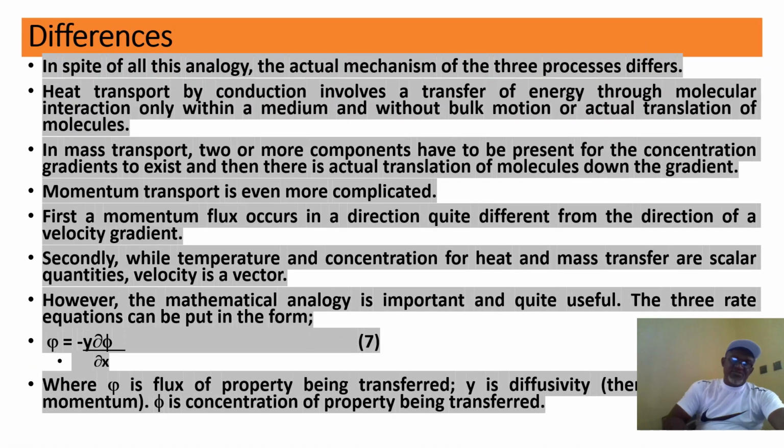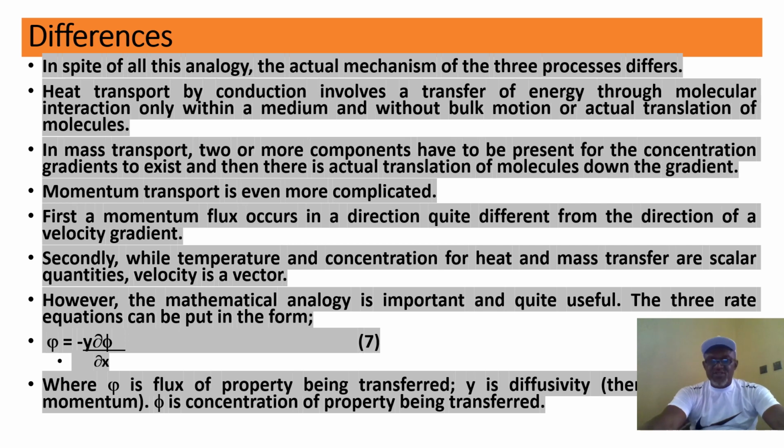Now, the differences between them: in spite of this analogy, the actual mechanisms of the 3 processes differ. Heat transport by conduction involves transfer of energy through molecular interactions within a medium without bulk motion. In mass transport, 2 or more components have to be present for the concentration gradient to exist. Momentum transport is even more complicated, so we can see the graduation from one level to the other.